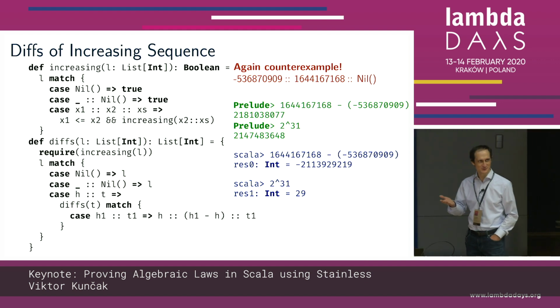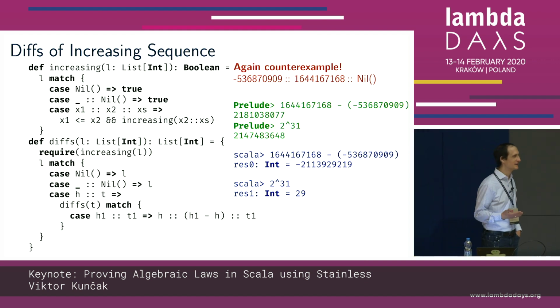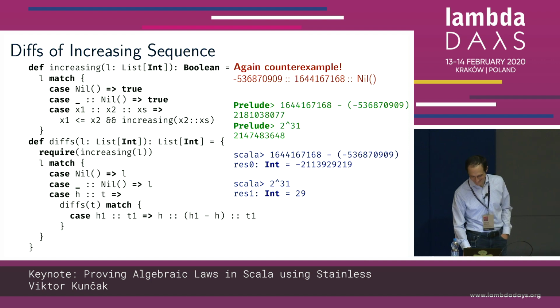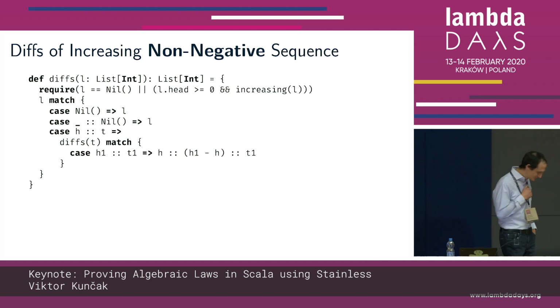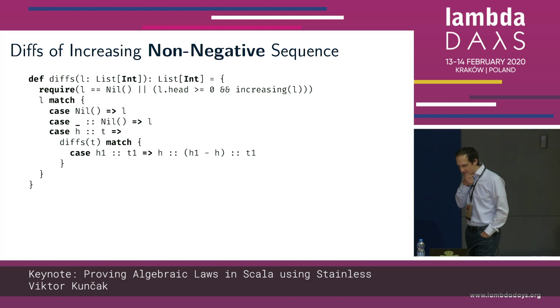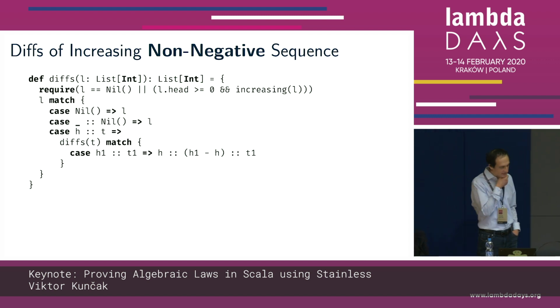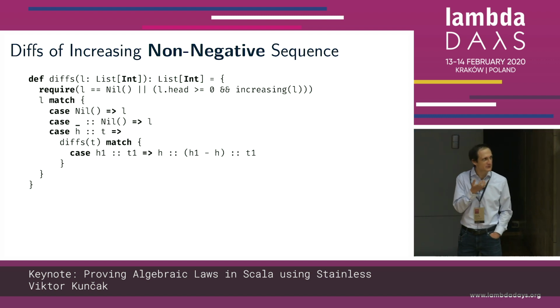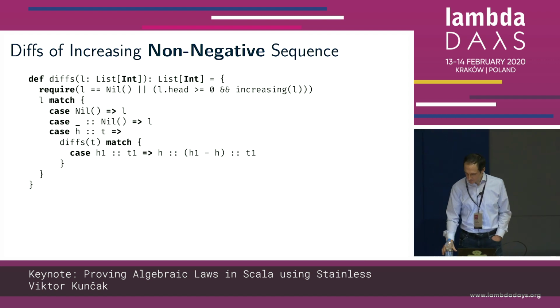So for those who know Scala or Java, this is actually not exponentiation, right? This is just a bit flipping operation. Okay, so then we still have a counterexample, but I would like to have a specification that really rules out counterexamples for these sequences.